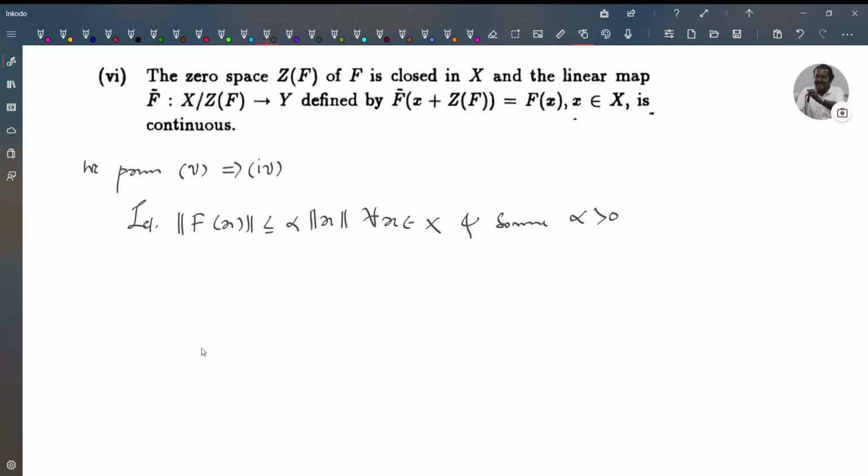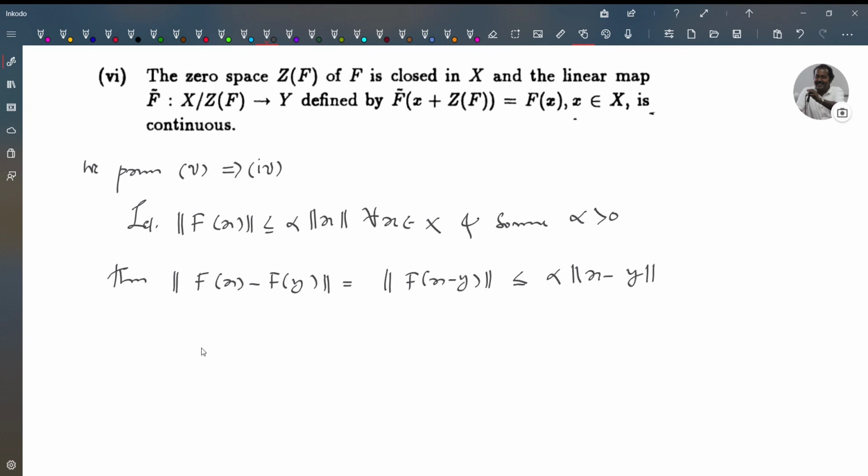Then norm of f(x) minus f(y) is equal to norm of f(x minus y), since f is linear. This is less than or equal to alpha times norm x minus y by 5.